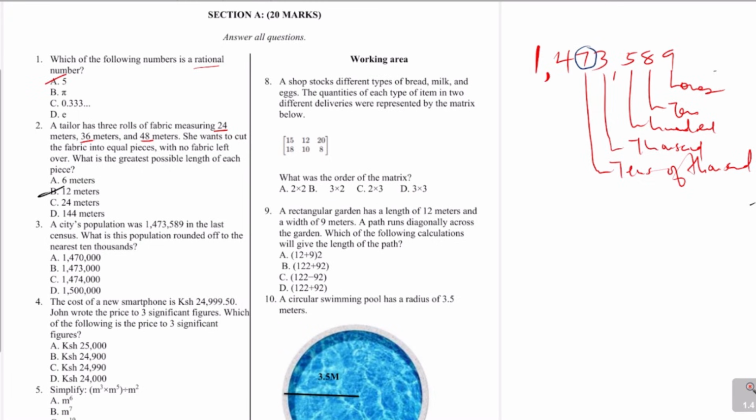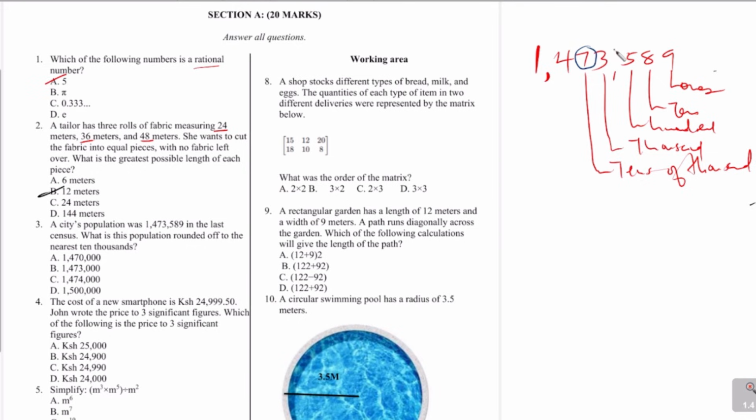So now what do you do? You check the immediate number to the right. You find it is 3. If you find it is 5 or more, you are going to round this number upwards. If you find it is less than 5, you round it downwards.